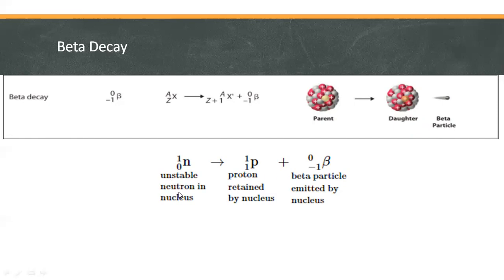So again, an unstable neutron in the nucleus is being transformed into a proton, which remains in the nucleus, and a beta particle, which is an electron being emitted by the nucleus. The general reaction for beta decay is therefore this one.